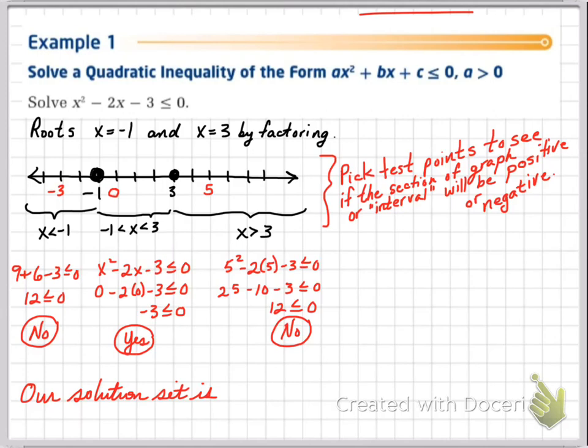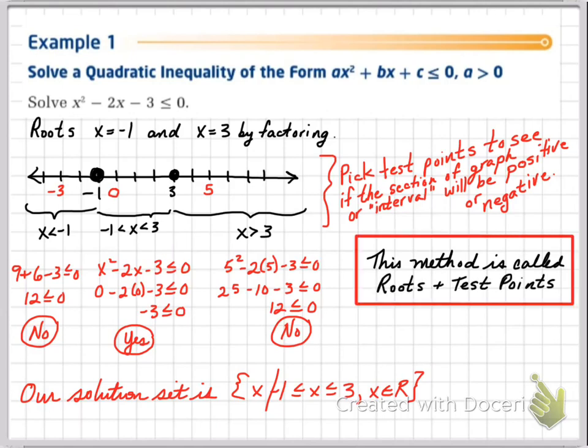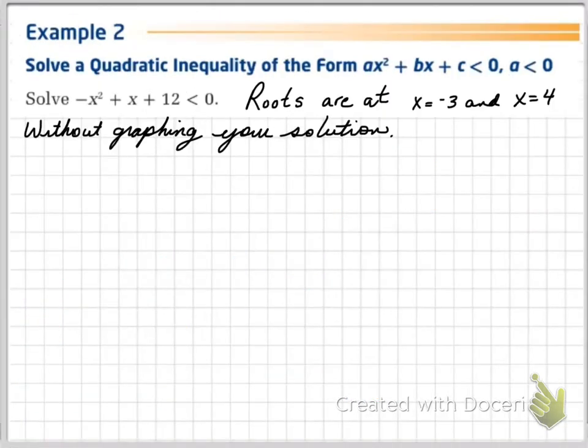So our solution set is the set of all x such that x is less than or equal to 3 but greater than or equal to -1, and it's any real number over that interval. This method is called the roots and test points method, and it is the only way we're going to be solving these algebraically.